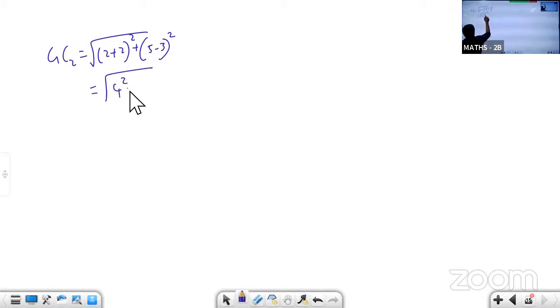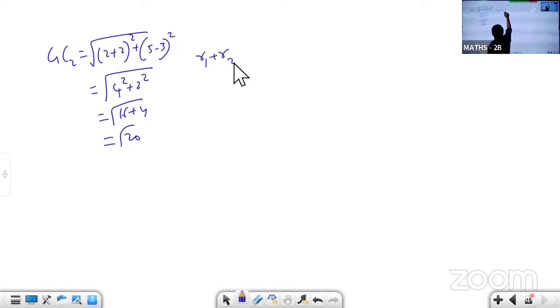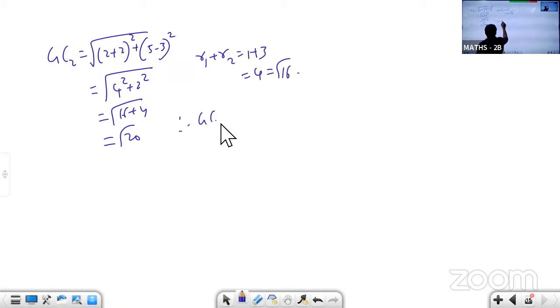That is 4 square plus 2 square, 16 plus 4, root 20. Now what is R1 plus R2? R1 is 1 plus 3, total it is 4, which is root 16. So therefore C1C2 is greater than R1 plus R2, that is root 20 is greater than root 16. That is fixed, that we showed.